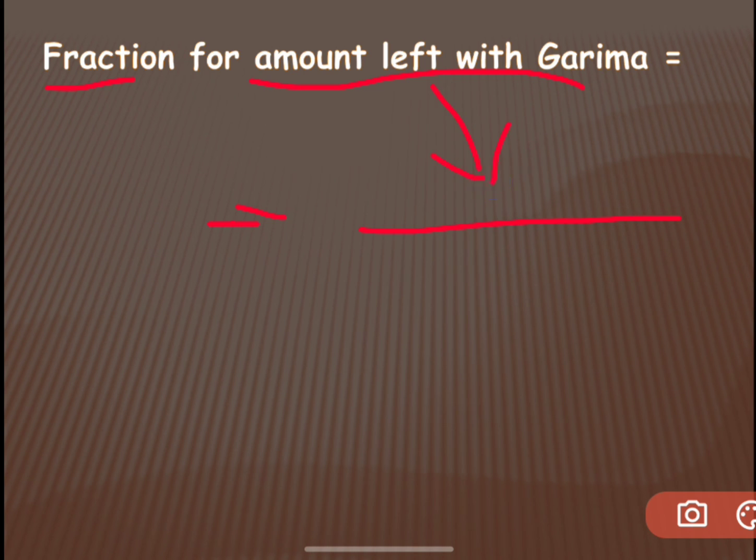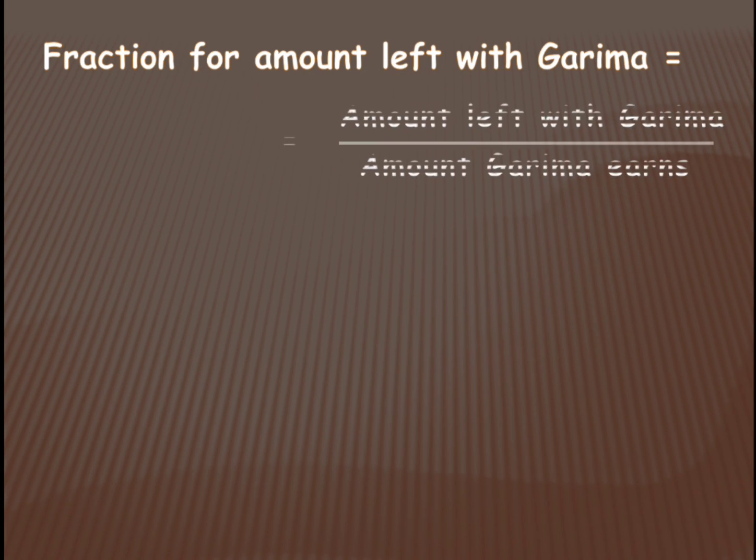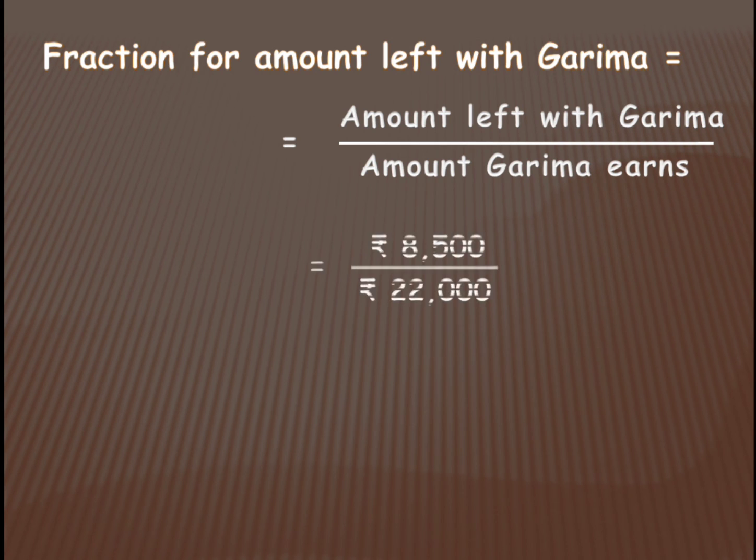So the numerator will be that amount, and the denominator will be the total amount. How much did she earn? The total amount, so the amount she earns, that is 22,000. So that becomes your fraction. The amount left with her by the amount Garima earns is nothing but 8,500 by 22,000.